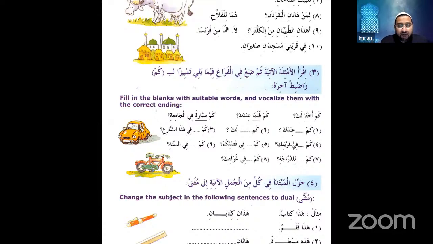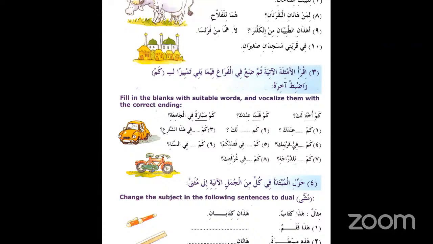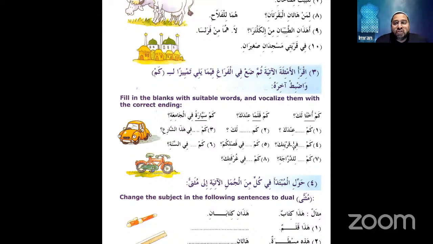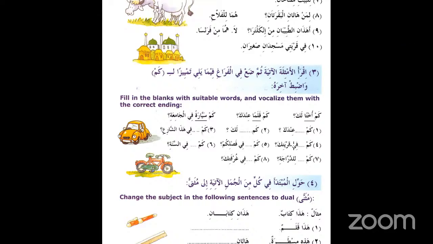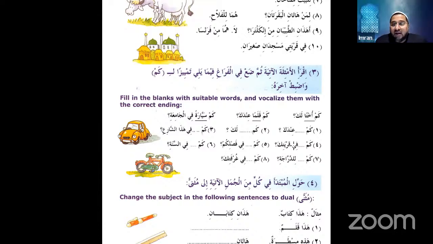Go ahead. Can I help you? Yeah, my mind's just gone blank. Come. How many houses do you have? Sorry, I'll give you an example. Say that in Arabic. Kam baytun. No. Look at the ruling: whenever a noun comes after kam, it should come with a fatha tanween.